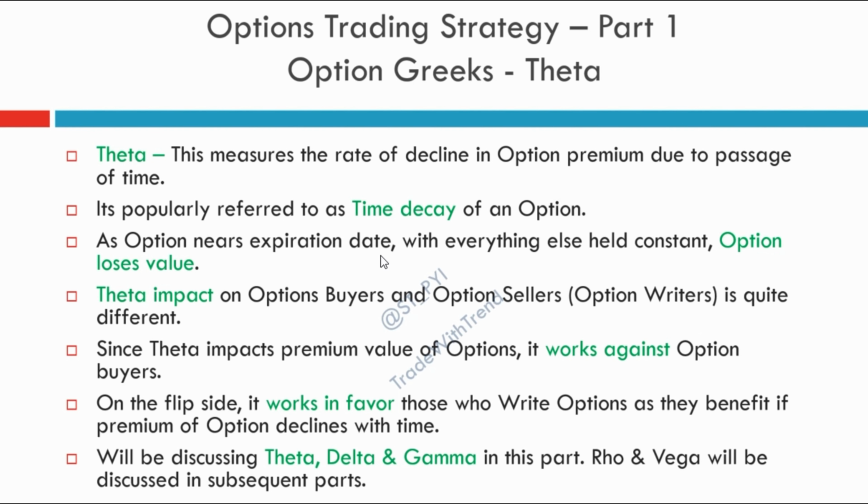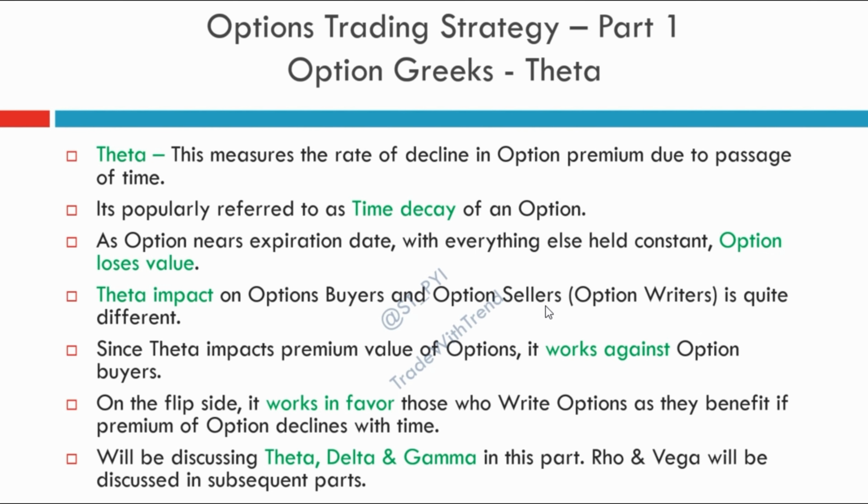Now, how time value and theta impact the option participant depends on what kind of option participant you are. If you're an option buyer, then obviously theta impacts you in a negative way because as time progresses, the option keeps losing its value. In case you're an option seller, then theta actually works in your favor because once you sold the option, the premium comes to you and it is in your interest that the option expires worthless.